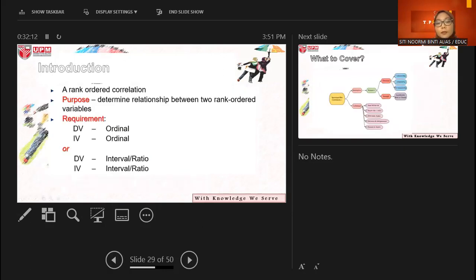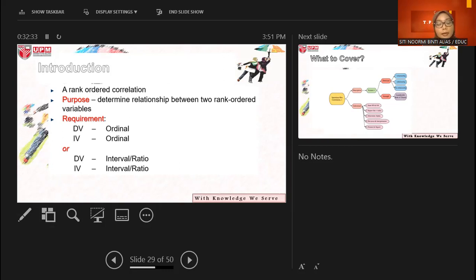Dua pilihan, dua requirement. Kalau let's say kita ada data dalam bentuk ordinal for both IV and DV, or our IV and DV are in interval or ratio forms but they do not meet the requirement of normality, then you cannot use the Pearson product moment correlation.